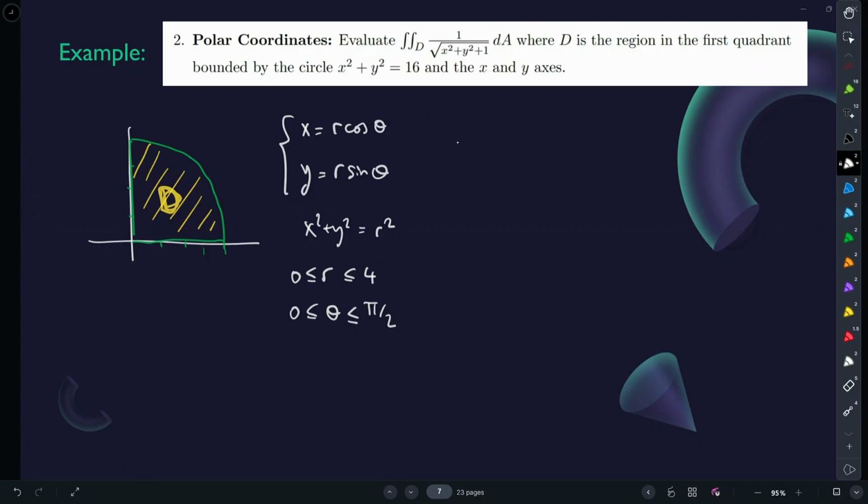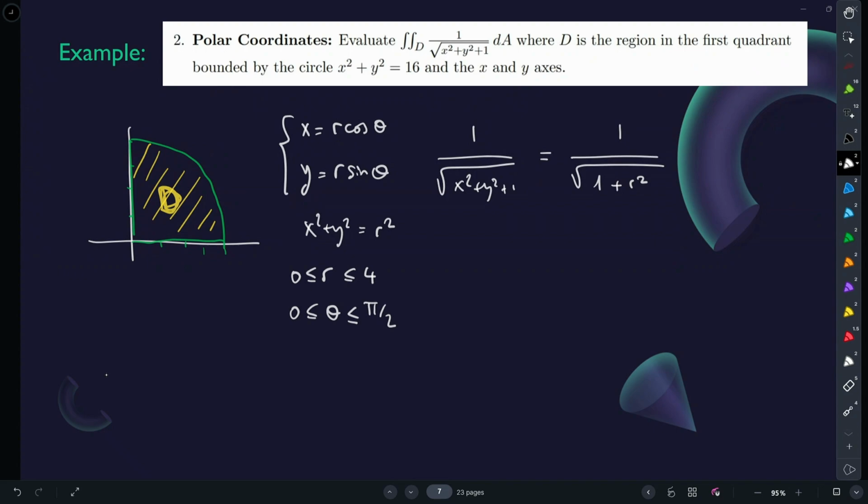Can I? No, let's figure out also what that function is before I do anything. This function is 1 over the square root of 1 plus r squared, because x squared plus y squared is r squared.